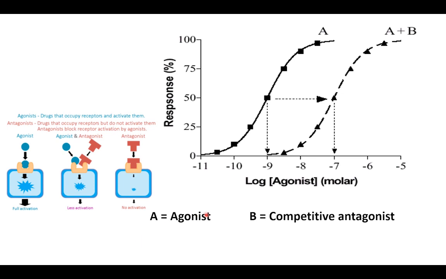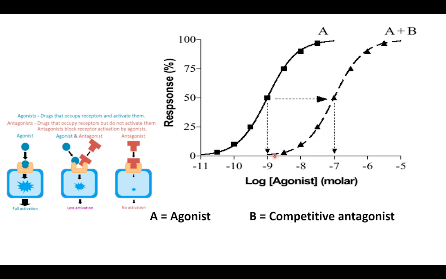In this slide, we are going to appreciate the effect of competitive antagonism. In the first curve, where we have the agonist alone, you can see that the maximal effect or response is attained at lower concentrations of the agonist.